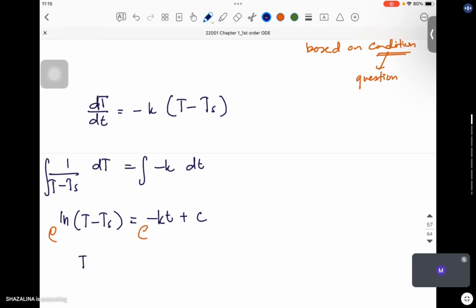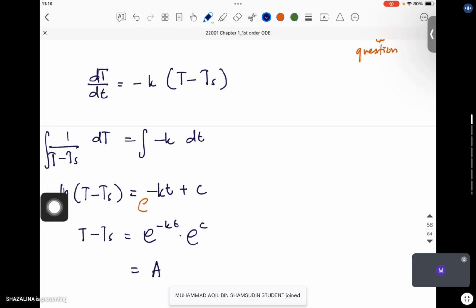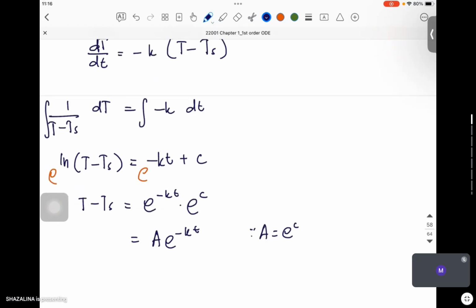So on the left hand side we have T minus Ts equals exponent of negative kt multiplied by exponent C. We note that C is a constant, so exponent C is also constant, so represent it with another constant, A. Okay, so now we can have only T on the left hand side.